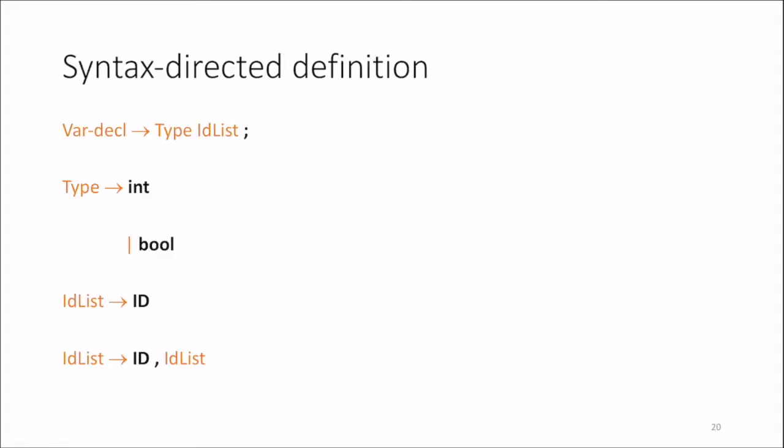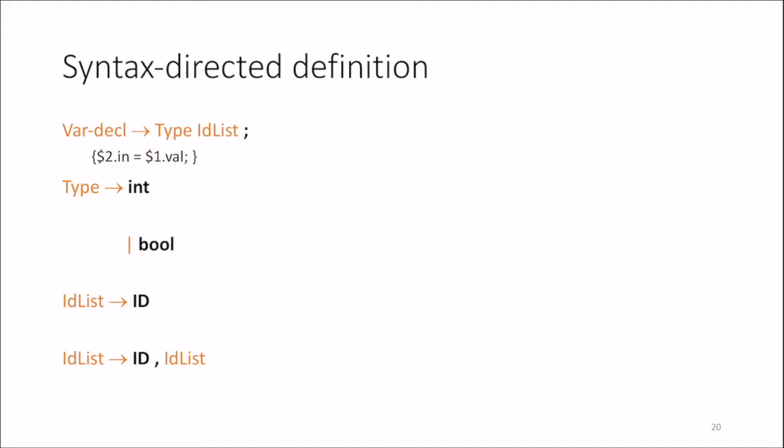If I was to write down the actions for this flow of information, I need to get information now from my parent, which in the grammar is the left-hand side. So in some cases, I'm going to have to inherit, hence the name inherited attribute. I need to get or inherit the information from the left-hand side, also known as the parent in a parse tree.